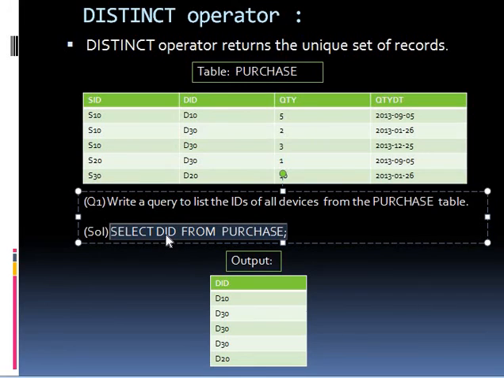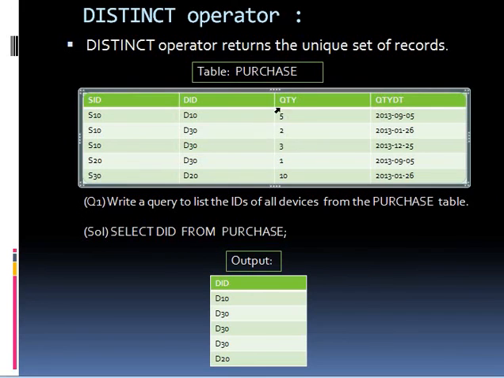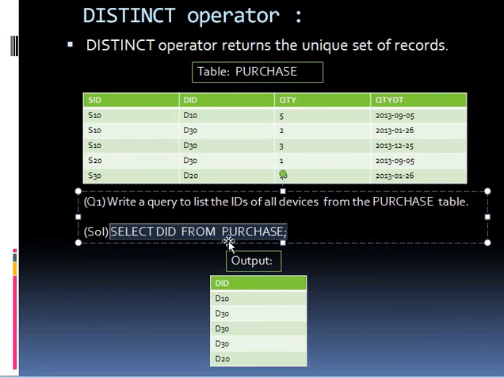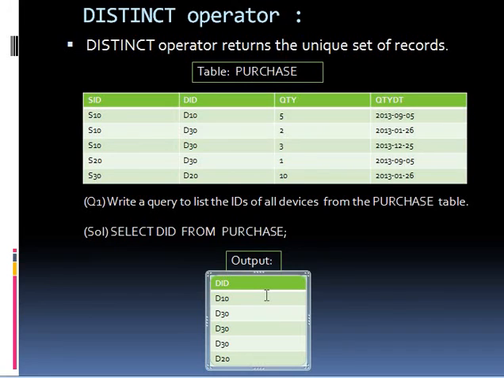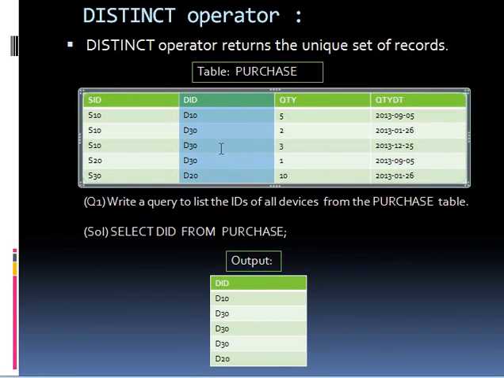For that I have to write the select statement as select DID from the table purchase, because the name of this table is purchase. Once we execute this query, we get to see this output. The entries of this column named DID have been fetched into this output table.